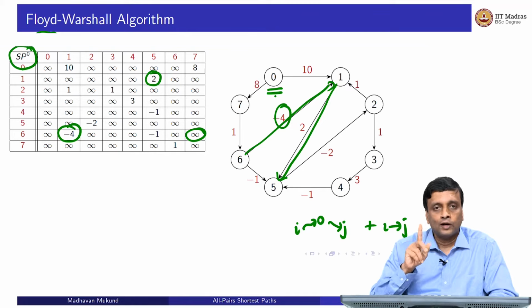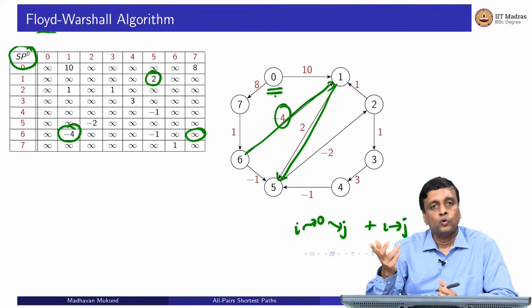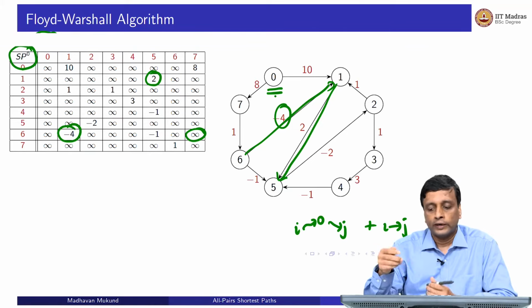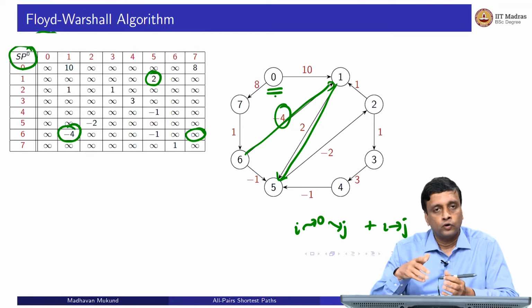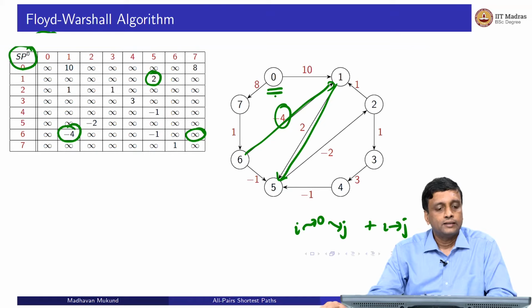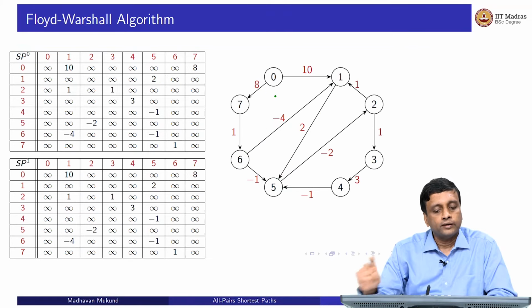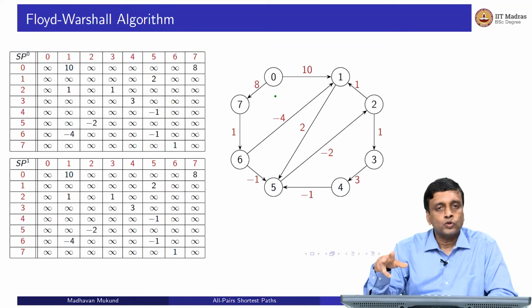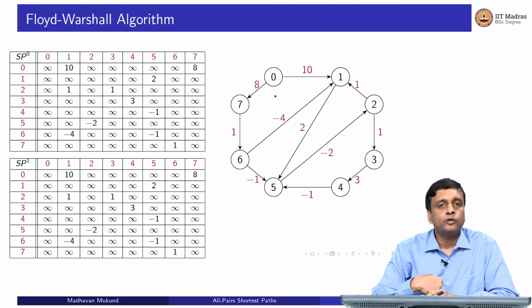If I am only allowed to pass through 0, then I cannot really do anything because 0 has no paths coming into it. So, I cannot get from anywhere to 0 and then go from 0 to somewhere else. Therefore, SP1 turns out to be exactly the same as SP0. Allowing myself to go through 0 and not allowing myself to go through 0 have no impact. Both of them essentially only allow me to use direct edges.